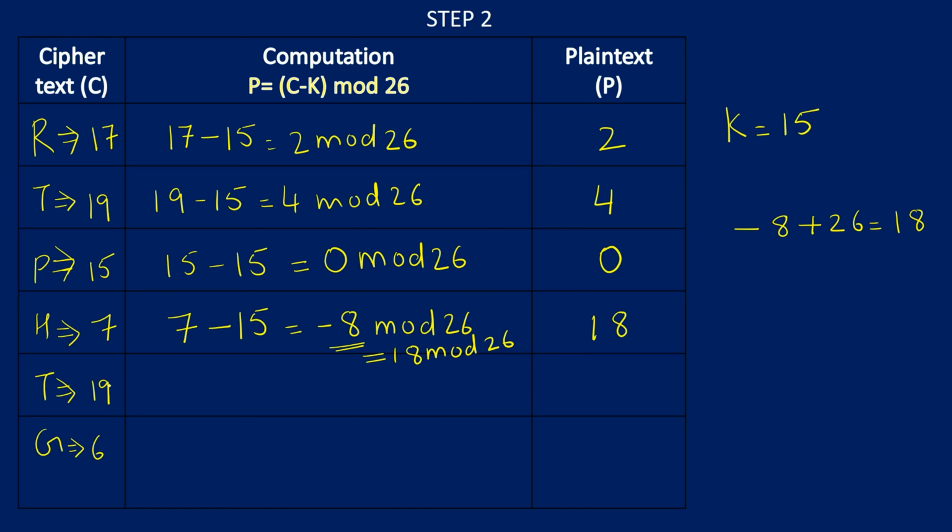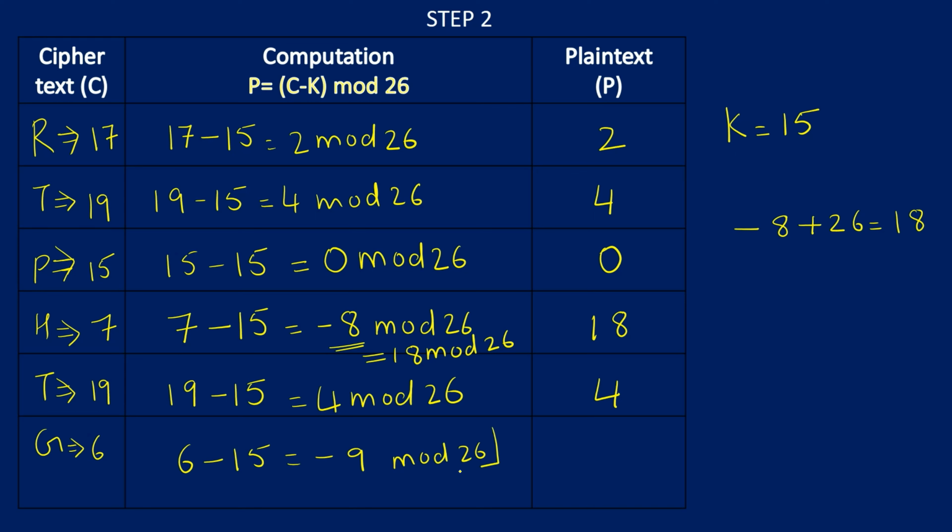The next number is 19. If I do 19 minus the key, which is 15, my answer is 4 mod 26, and 4 is positive and less than 26. So the final answer is 4. The next number is 6. If I do 6 minus 15, I get minus 9 mod 26. As I told you, because you got a negative number, you have to do modular arithmetic now.